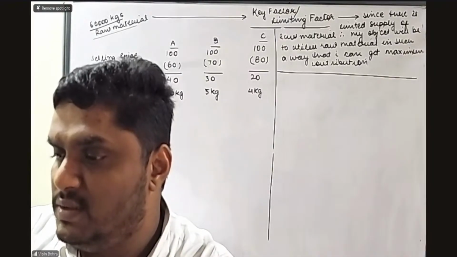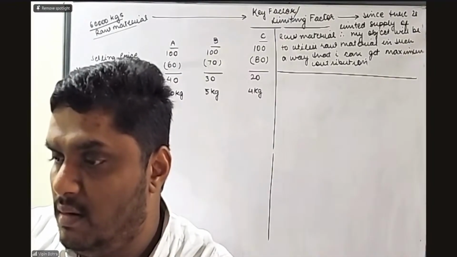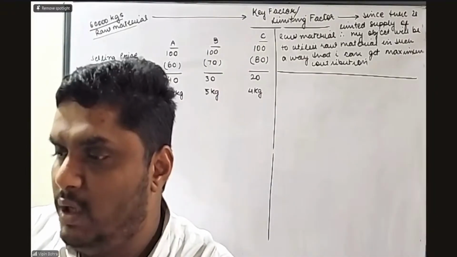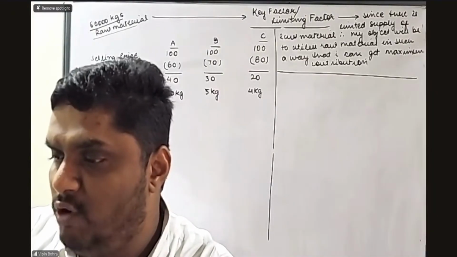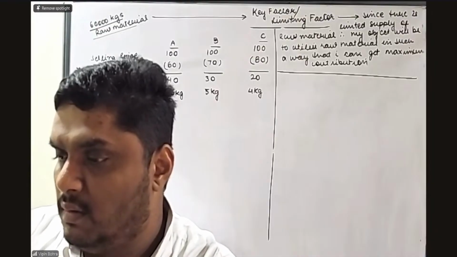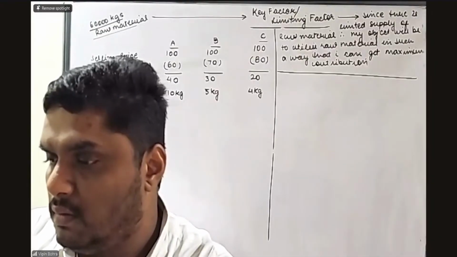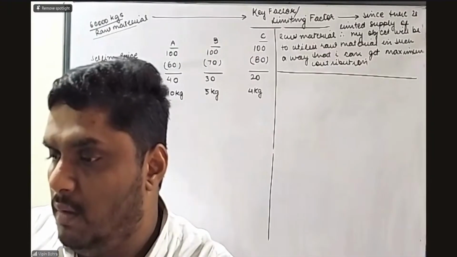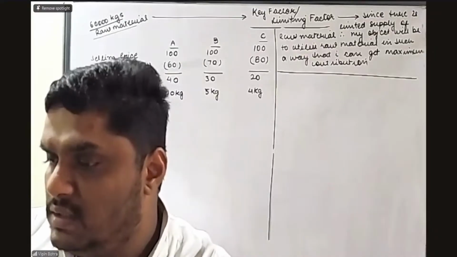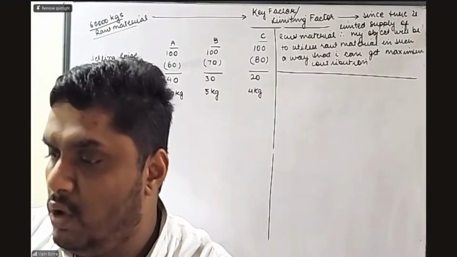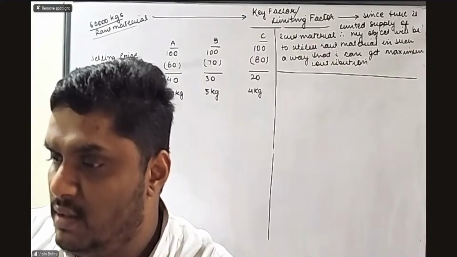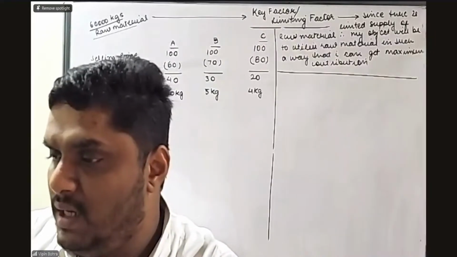Pooja B, it is B. I just want everyone to post your answers, whatever it is. B, because there is minimum kgs of requirement and contribution is also higher than C. So Namrata, basically you are comparing B and C.